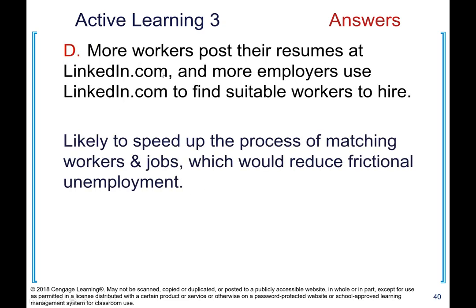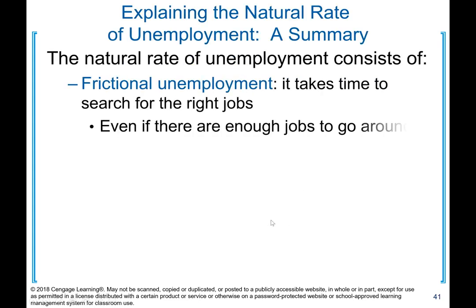Number D, more workers post their resumes at LinkedIn.com and more employers use LinkedIn.com to find suitable workers to hire, is likely to speed up the process of matching workers and jobs, which would reduce frictional unemployment.